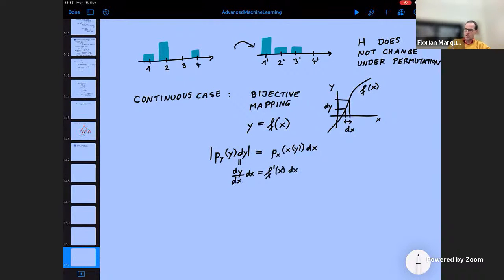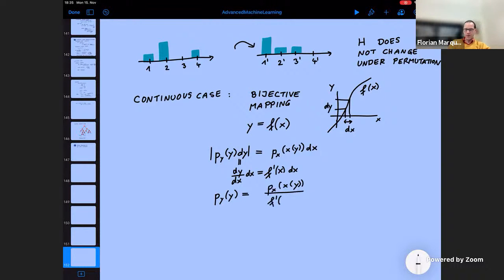Okay, and so if I now collect everything, I could say the probability density for my variable y is just the probability density for my old variable divided by f prime of x.